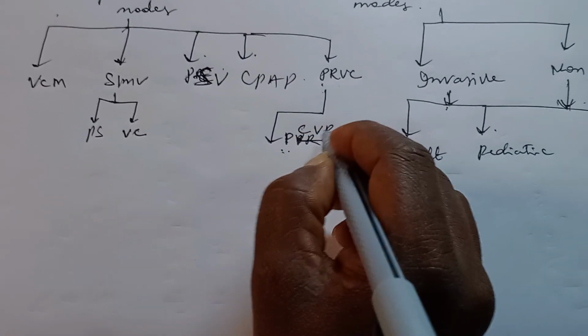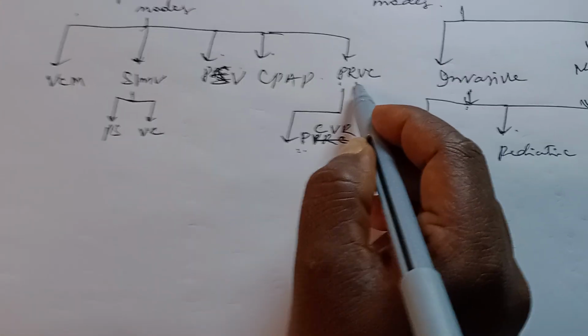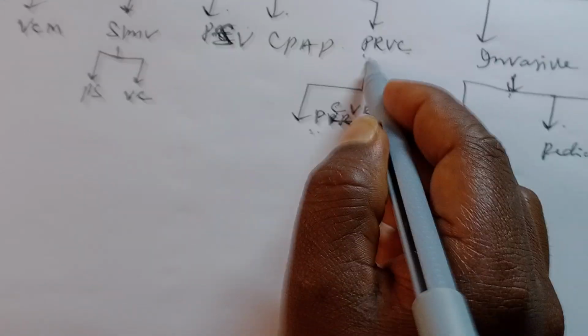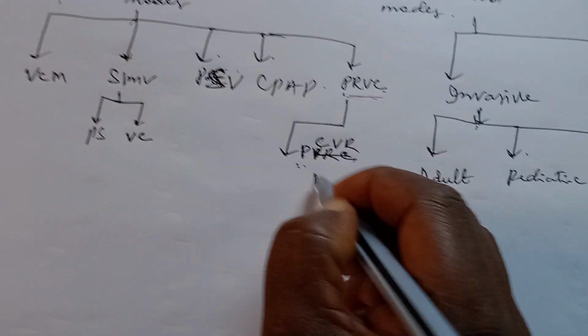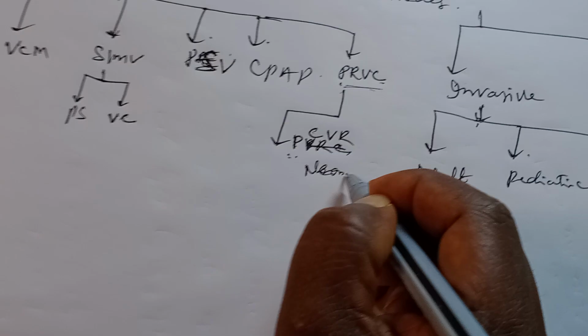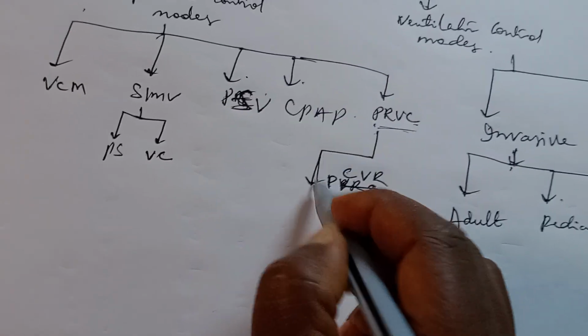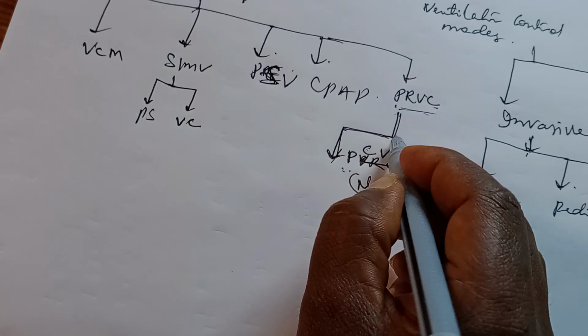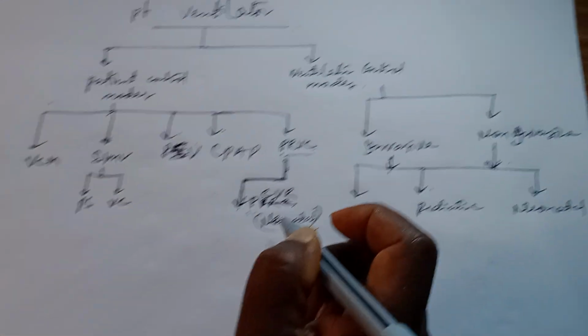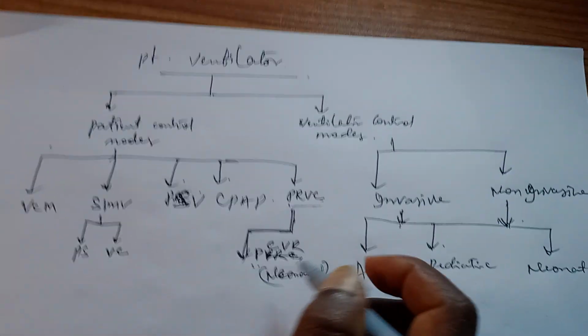This is pressure control, volume regulated. Here pressure regulates, volume controls. This is for adult mode, but this is for neonatal mode. For neonatal patients, it will recover lungs, oxygen absorption and lungs activity faster.